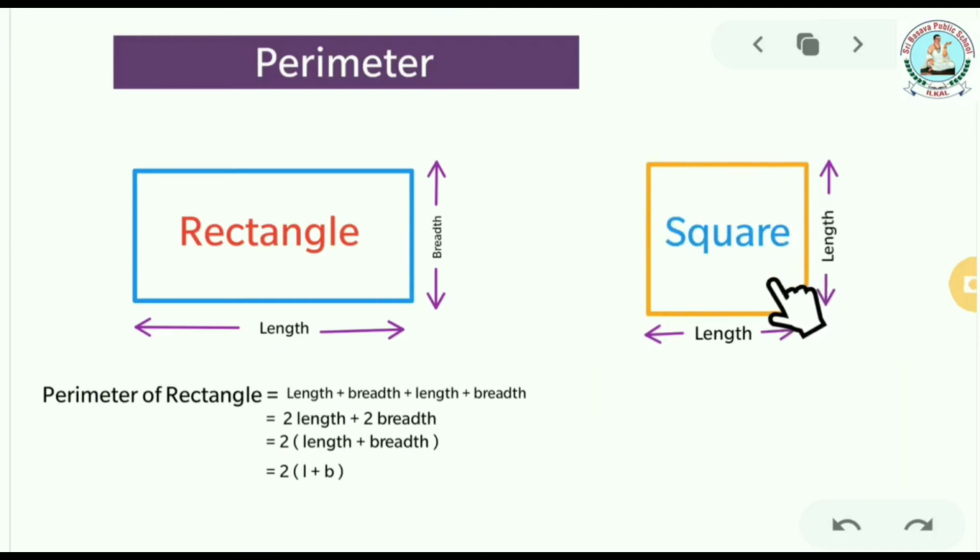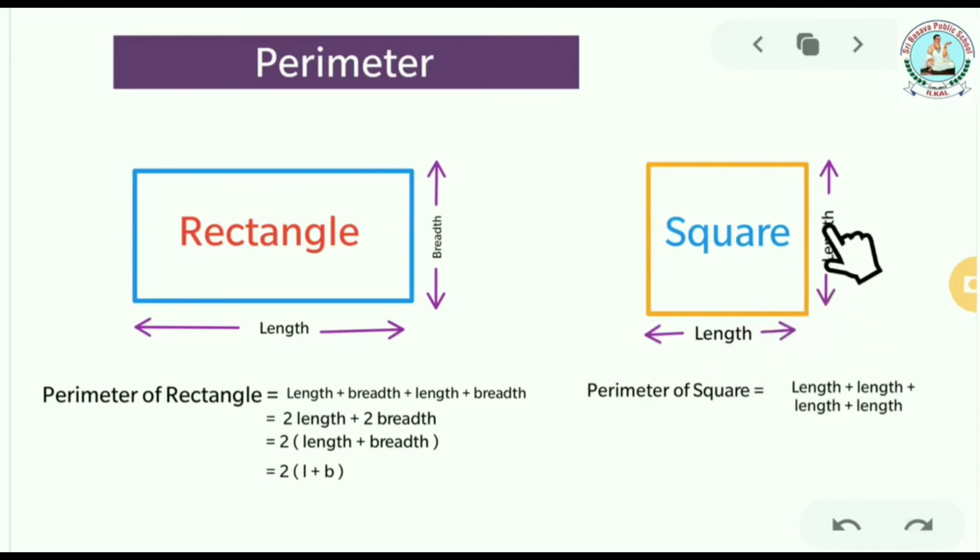Now let us write the perimeter formula for the square. First and foremost, we must add all the sides to get the perimeter. So perimeter of the square is length plus length plus length plus length. How many lengths are there? There are 4 lengths.